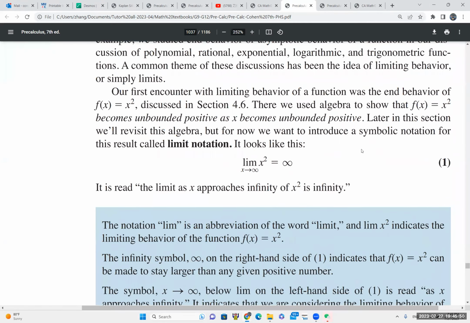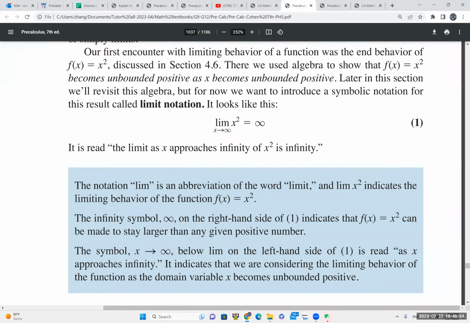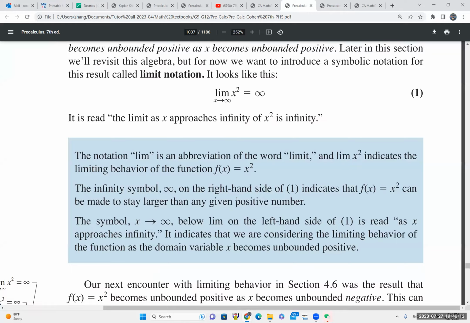Limit notation looks like: the limit as x approaches infinity of x squared is infinity. LIM is just the abbreviation of limit.